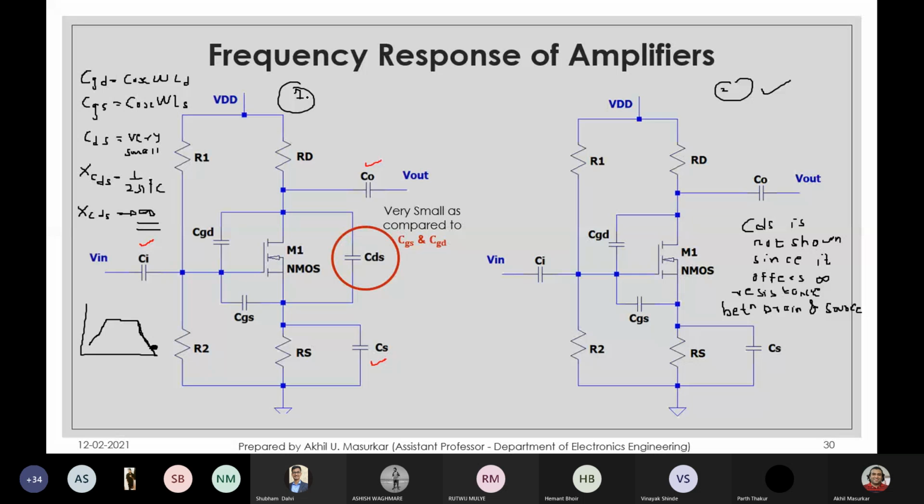Once you are done copying, just write done in the chat box. What is the difference? Both circuits are exactly the same. One has CDS between drain and source. So this is my drain, gate, source. This is again drain, gate and source.